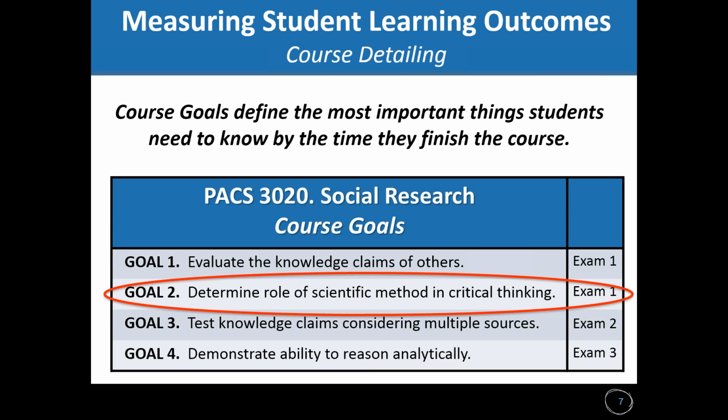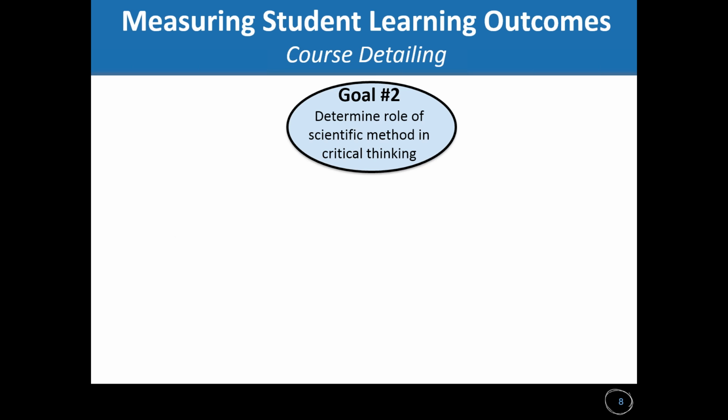So here's an example of course detailing for goal number 2. So if you look at the very top, goal number 2 is determine the role of scientific method in critical thinking. So now we got to think about what those most important factors are that would describe this goal.